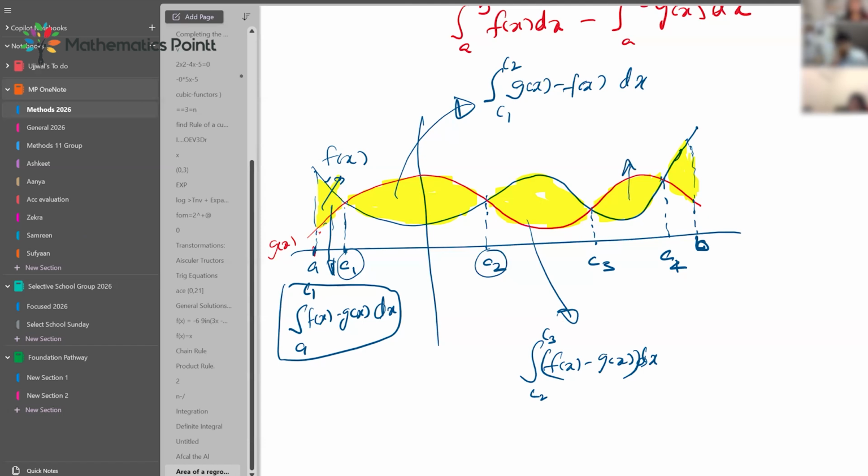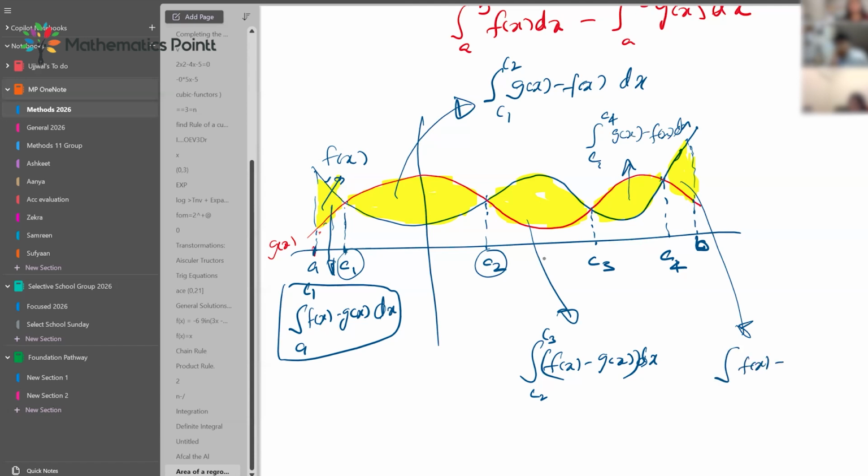Let's look at this one. The red sits on top of blue. So from C3 to C4, g of x take away f of x. And the last one, the blue sits on top of red.